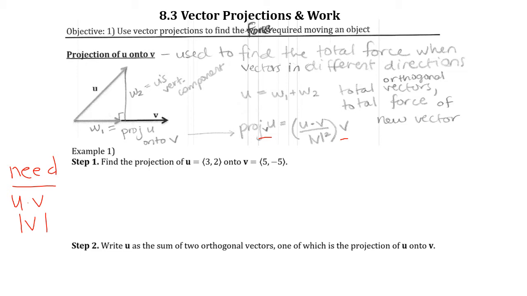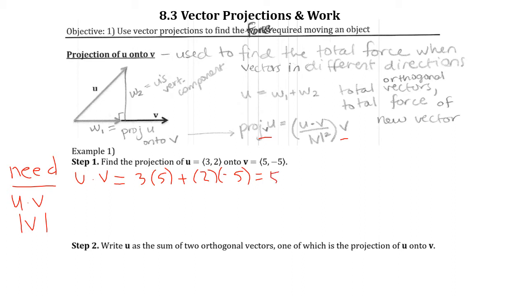So we're going to find U dot V first, and that is doing the dot process, which is 3 times 5 plus 2 times negative 5, and that equals 5.